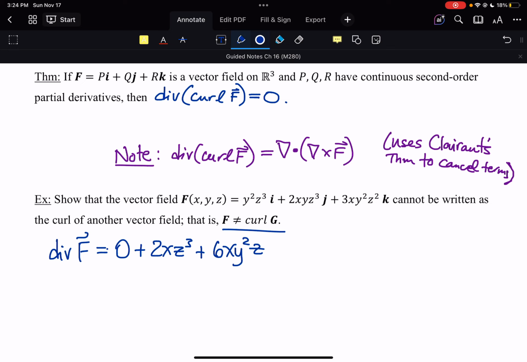Again, no i, j, k. The divergence produces a scalar field, not a vector field. So what this tells us, right out of the gate, is that the divergence of F is non-zero.